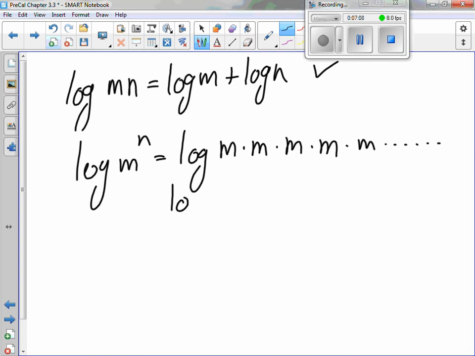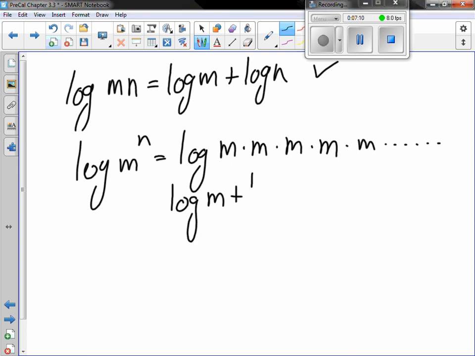Well, it's the same as saying log of m plus log of m plus going on out, yes? Because our first property, our product property with logarithms, is that any two things or any multiple things multiplied together inside the log, we can rewrite it as addition of those logs, yes?